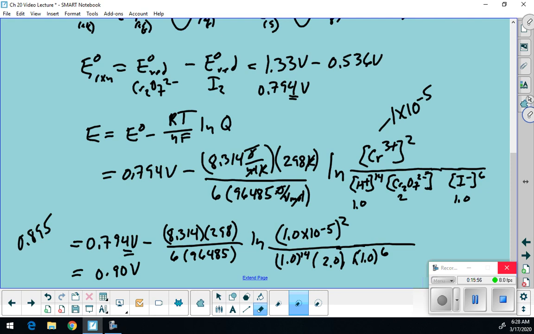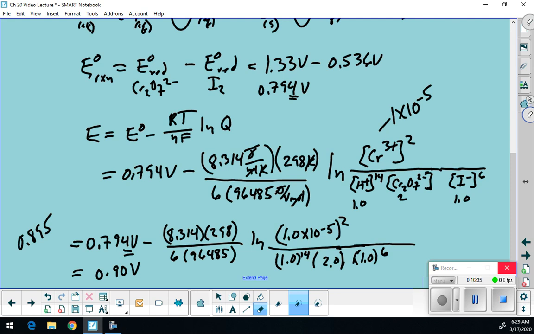Now let's make sure I did this all right. Let's try it again. I'm going to try this left to right this time. 0.794, right? Minus a big quantity, 8.314 times 298 divided by 6 divided by 96485 times quantity natural log of 1 times 10 to the minus 5th squared divided by 2, right?